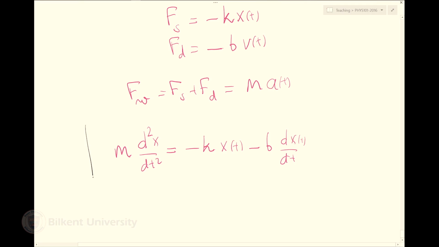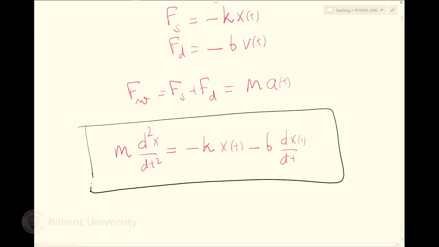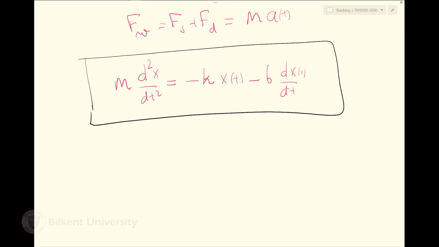So now I have a new differential equation, and it's going to be a little bit more complicated. Why is it more complicated? Because right now I'm looking for a function where, when I take two derivatives, not only do I get back the function itself, but I also get the derivative of the function.